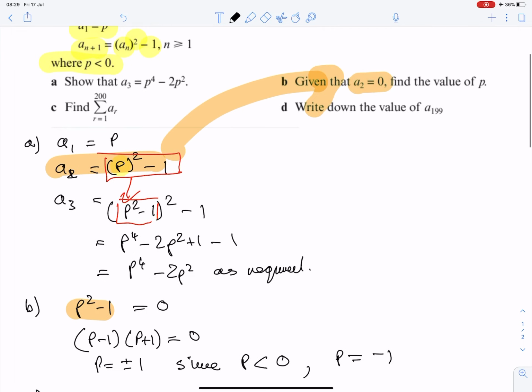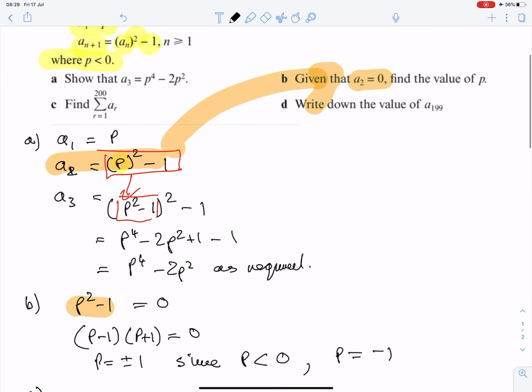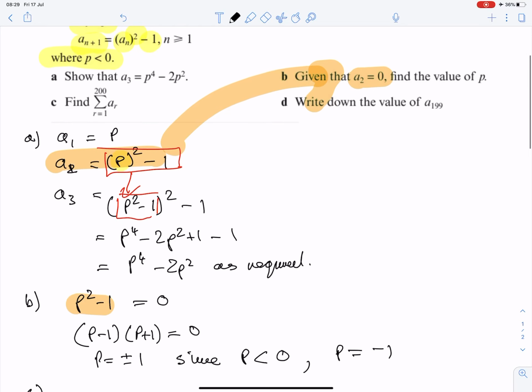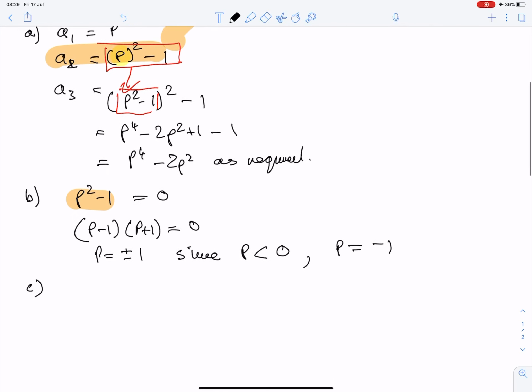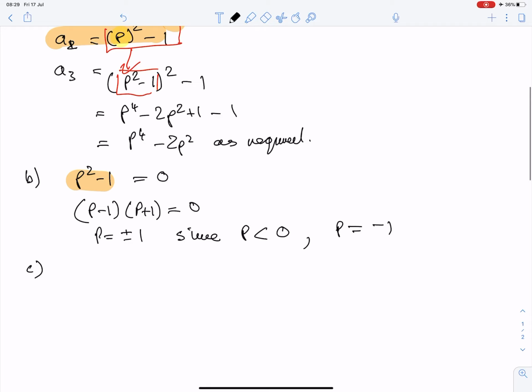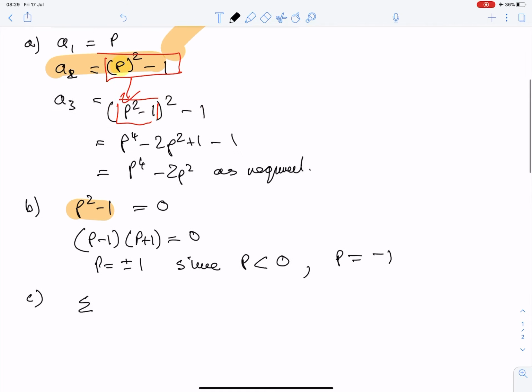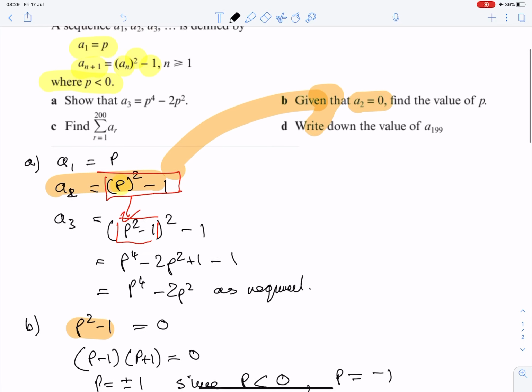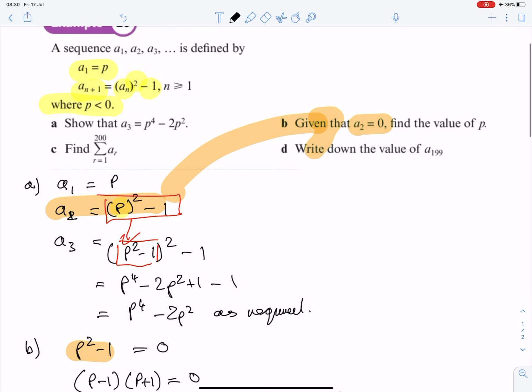Part C. Find the sum from r equals 1 to 200 of A_r.